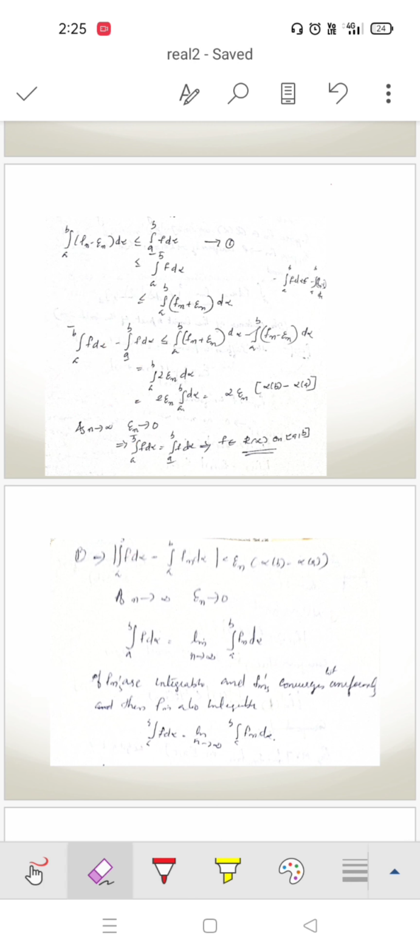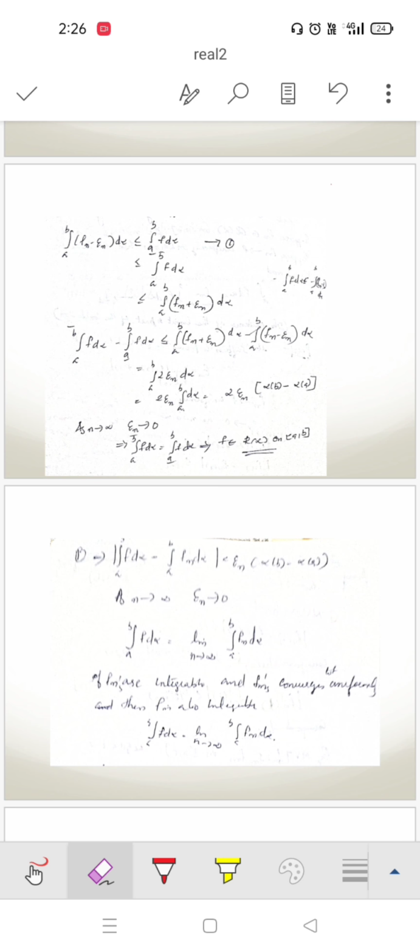Now we have to prove that the integral from a to b of f d alpha equals the limit as n tends to infinity of the integral from a to b of f_n d alpha. From equation 1, we can write the integral from a to b of f d alpha minus the integral from a to b of f_n d alpha is less than epsilon_n times alpha(b) minus alpha(a). As n tends to infinity, epsilon_n tends to 0.